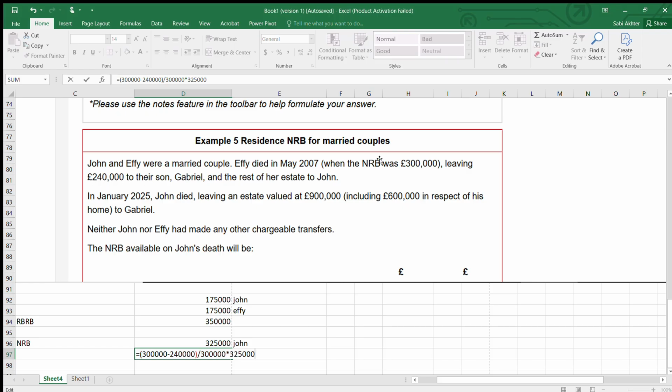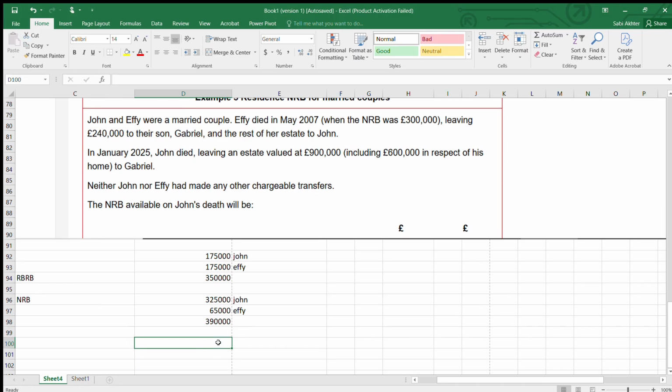This will be deducted from the nil rate band available that time, 300. Divide by 300 into 325. So whenever you find that, you will get the unused percentage. That is 65,000. So 65,000 you'll be adding with 325. So the total would be 350 of residence nil rate band plus nil rate band 390.